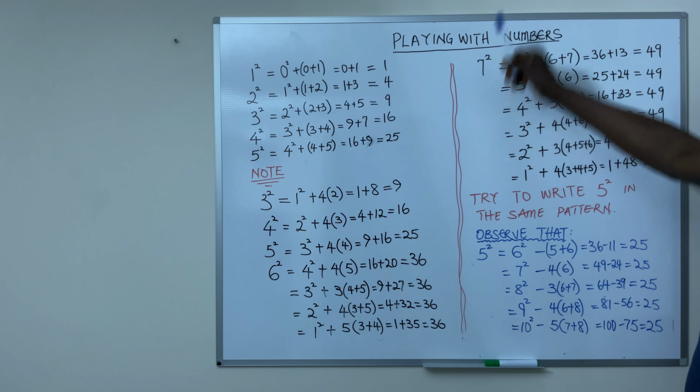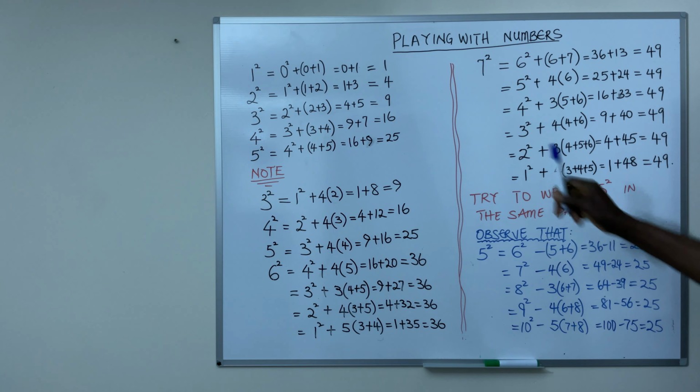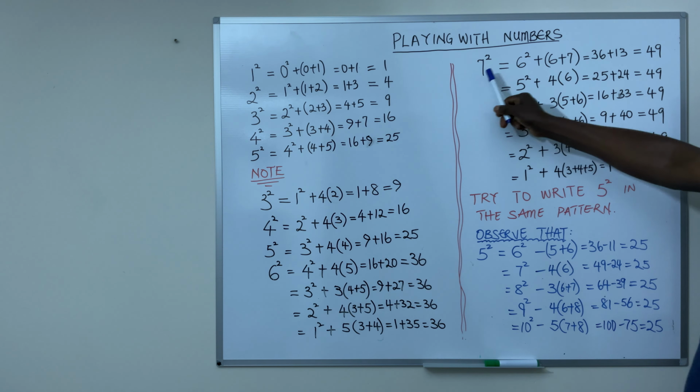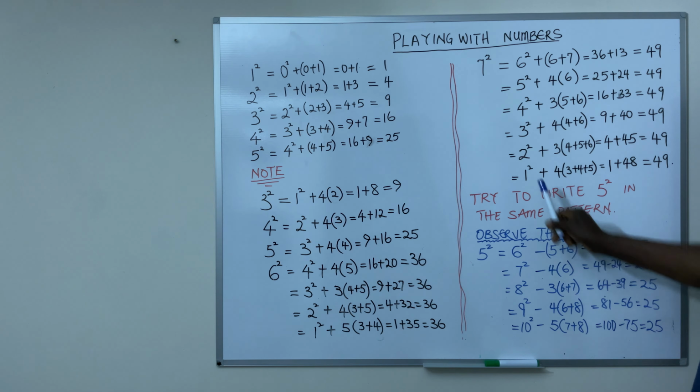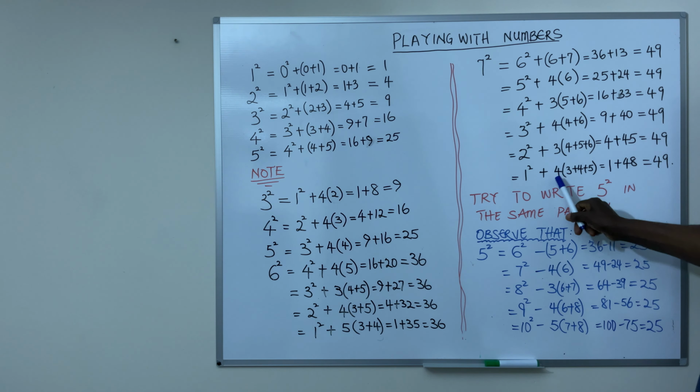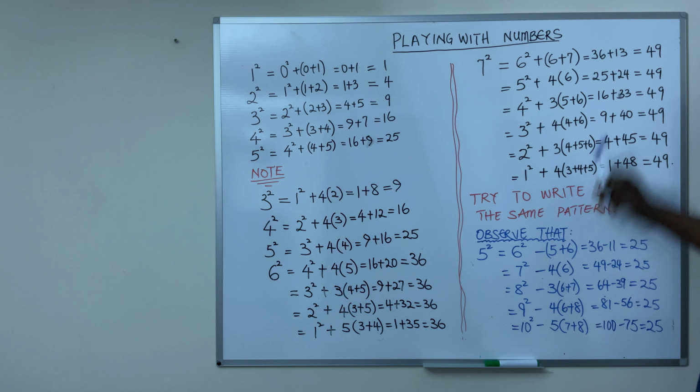Now, let's come to 7 and 1. 7 is an odd number. 1 is an odd number. So we now come into 4. Then we have 3 plus 4 plus 5. 6 is omitted here. Why?